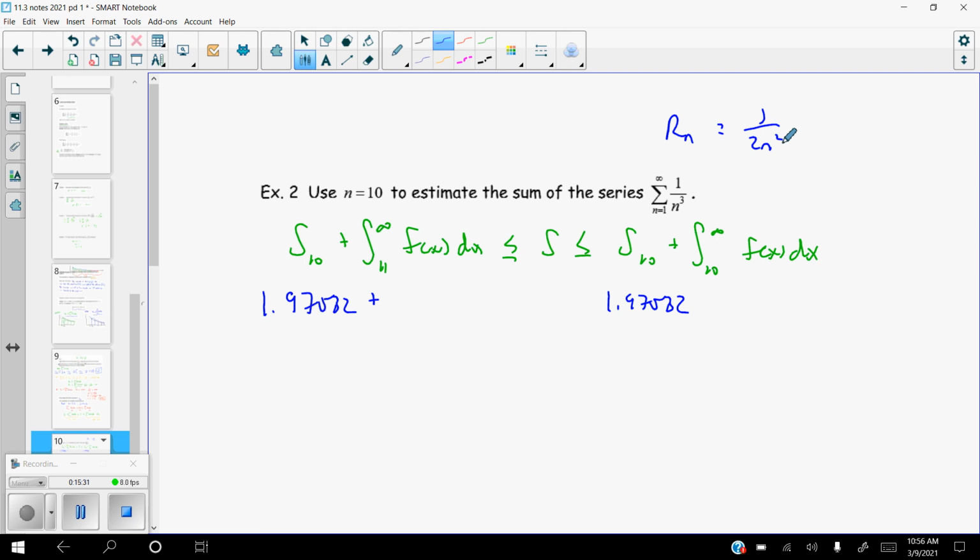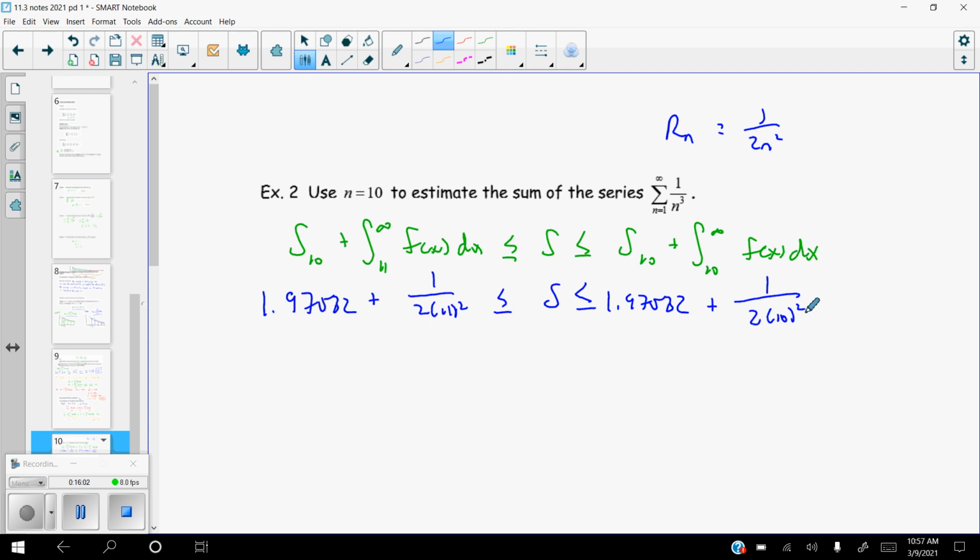So n in the first case here is 11 because that's the bottom value. So it's plus 1 over 2 times 11 squared, which is less than or equal to s, which is less than or equal to the sum for 10, plus from 10 to infinity, which was 1 over 2 times 10 squared.